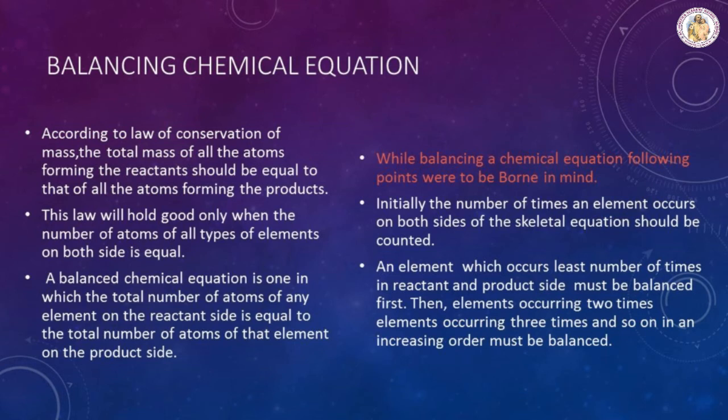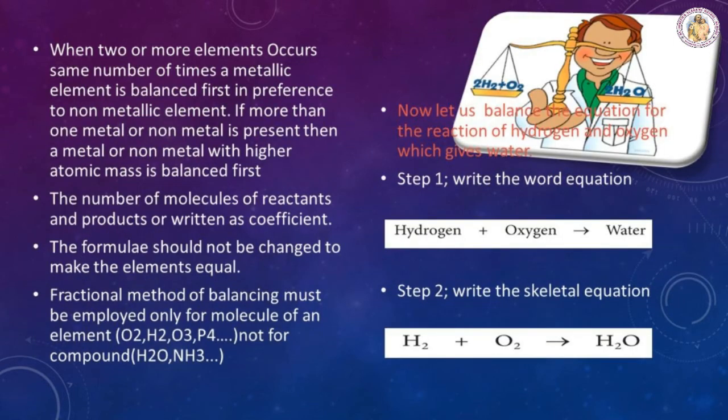Then elements occurring 2 times, elements occurring 3 times, and so on in increasing order must be balanced. When 2 or more elements occur the same number of times, the metallic element is balanced first in preference to the non-metallic element. If more than one metal or non-metal is present, then the metal or non-metal with higher atomic mass is balanced first. To find out the atomic mass, we should refer to the periodic table.